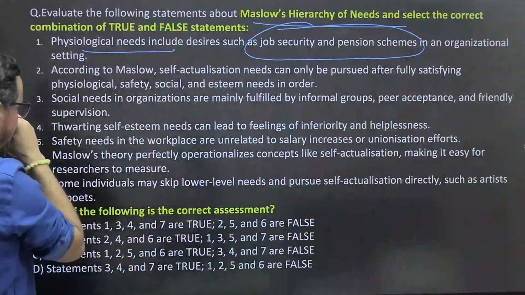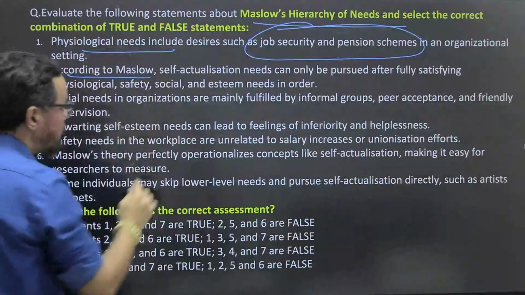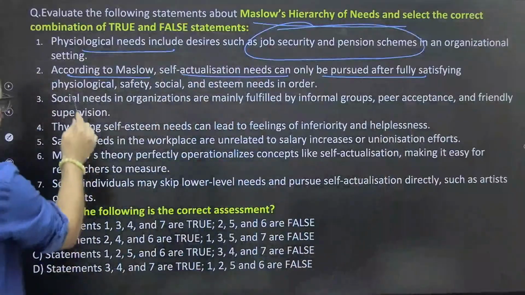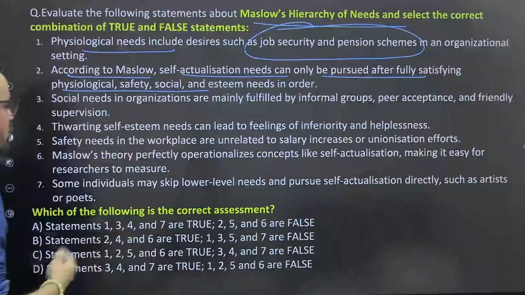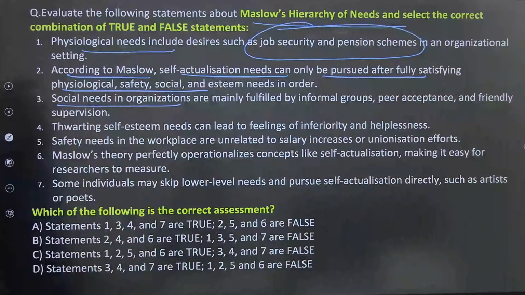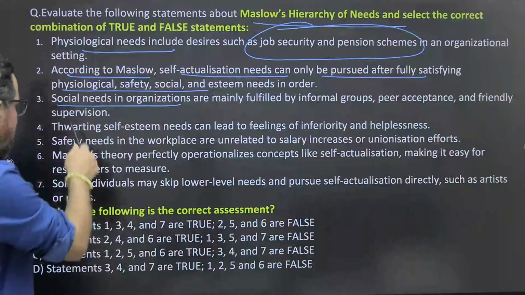According to Maslow, self-actualization need can only be pursued after fully satisfying the physiological, safety, social and self-esteem needs. Then we have social needs in organization are mainly fulfilled by informal groups, peer acceptance and friendly supervision.